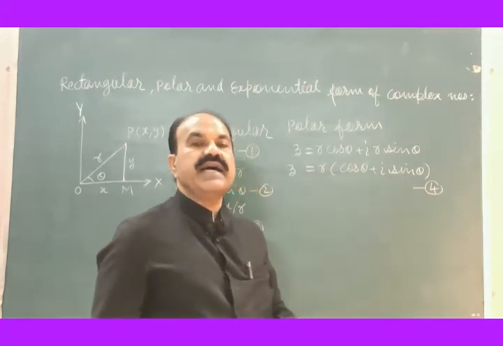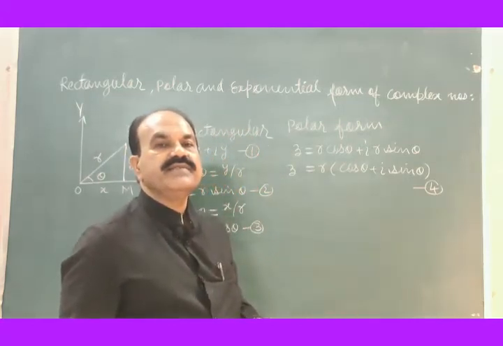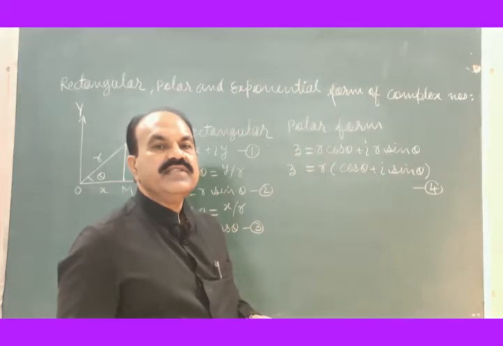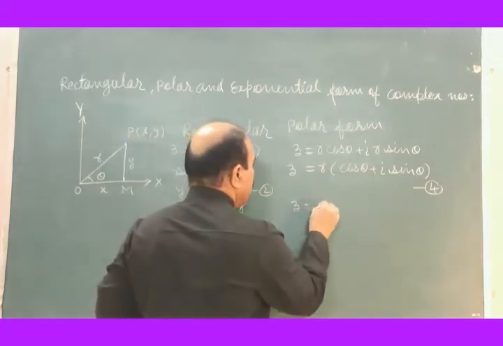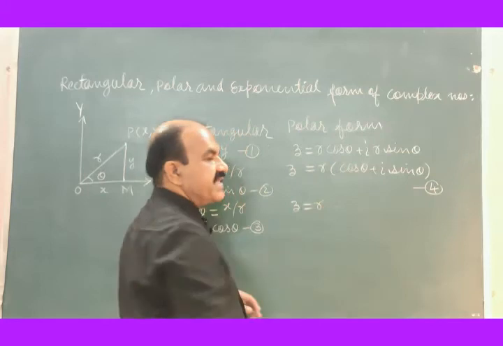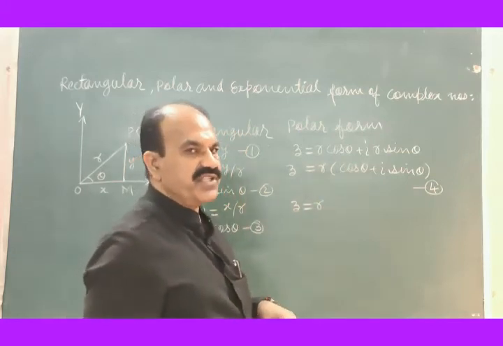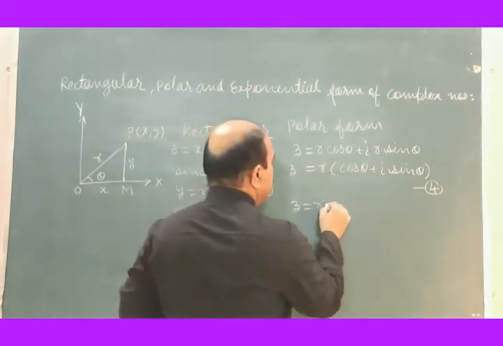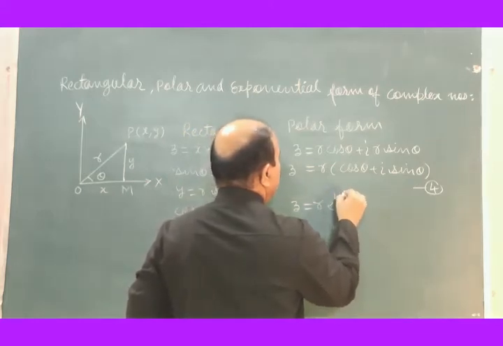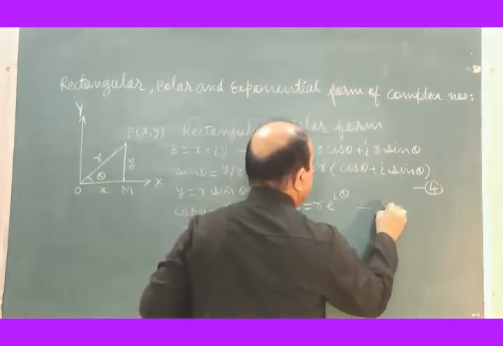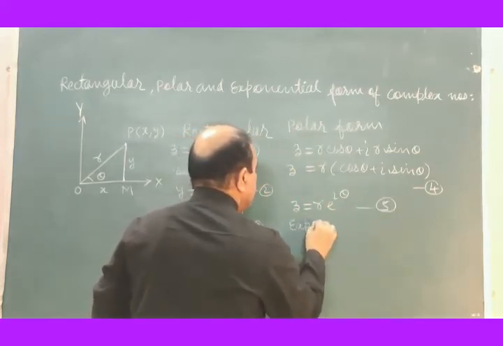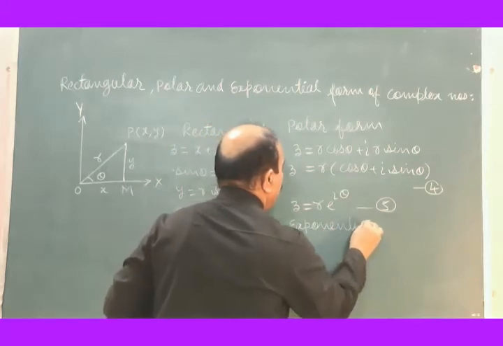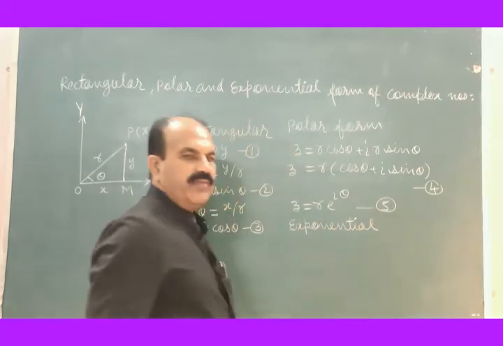Cos theta plus i sin theta can be written in the exponential form, and if cos theta plus i sin theta is replaced by its exponential form, it will become z is equal to r into e to the power i theta, equation number 5, and this is the exponential form of the complex number.